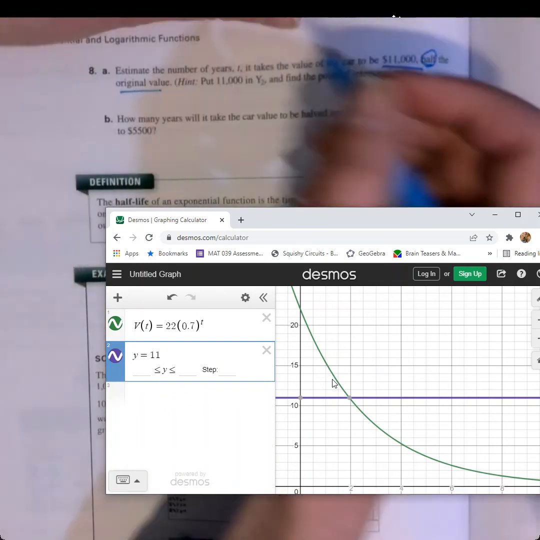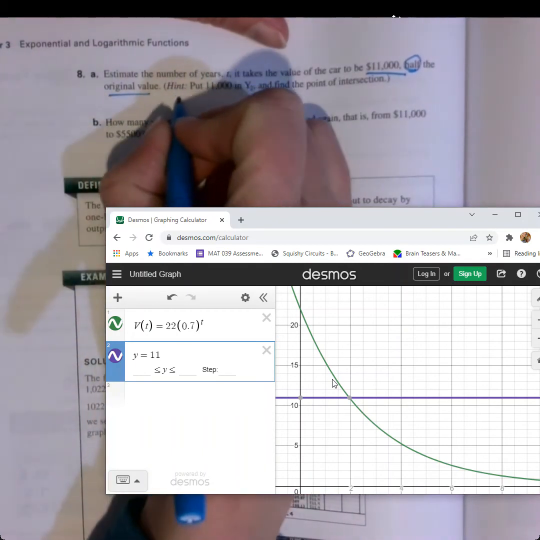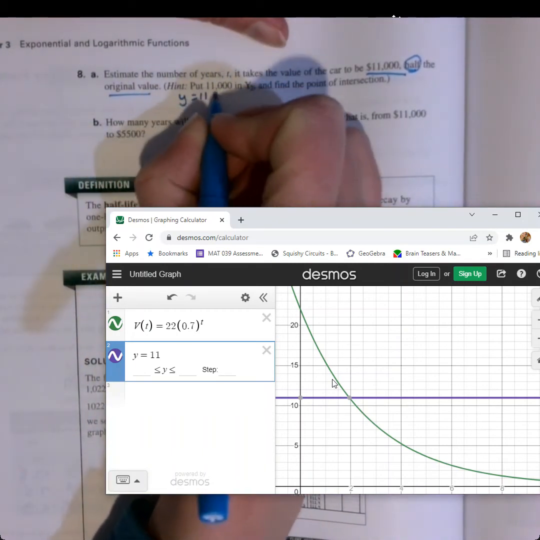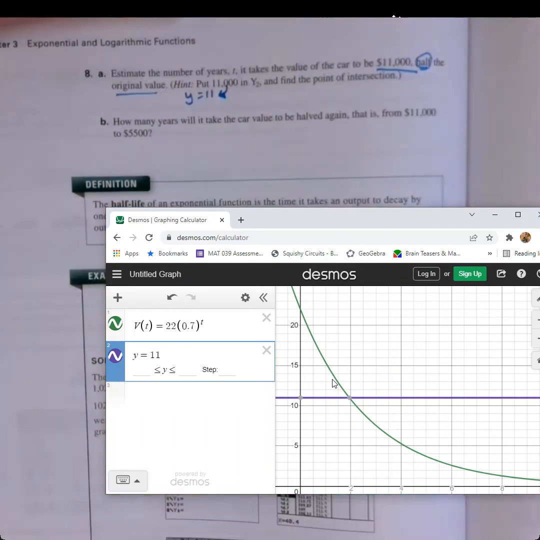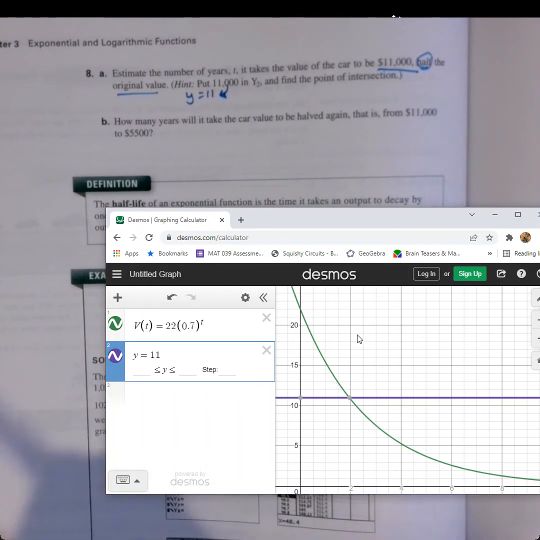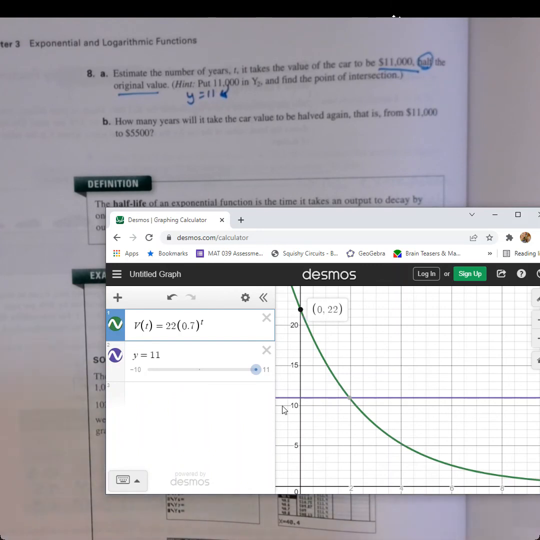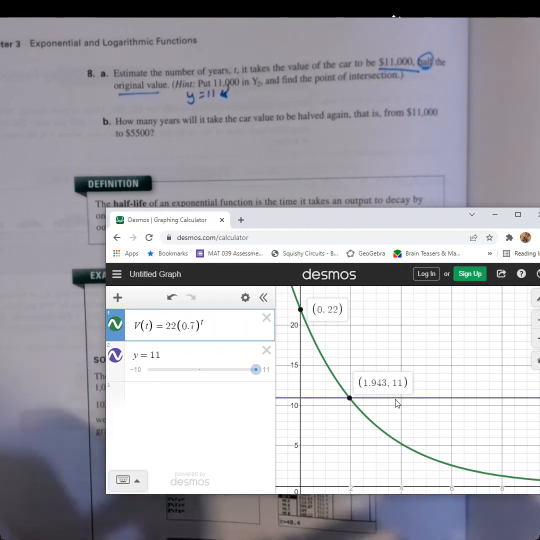So this means that I want to find out when I'm equal to 11, since thousands are my units on this. This 22 isn't 22,000. 22 has the unit thousands with it. So I'm going to graph y equals 11, and we're going to find out. So initially, it was worth 22,000. It's going to be worth 11,000 after 1.943 years.